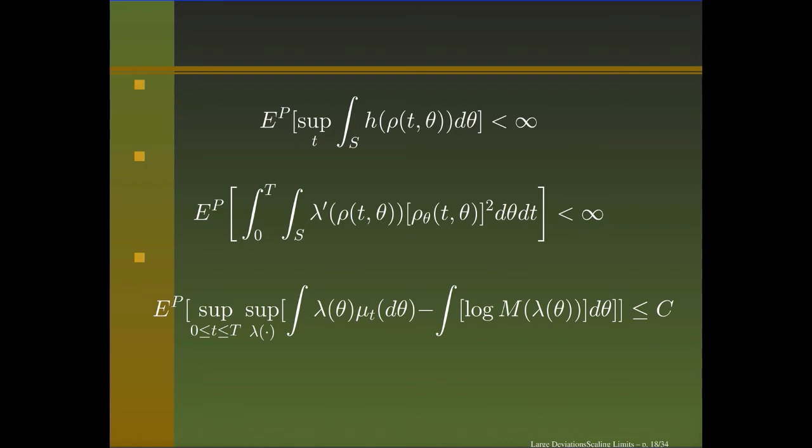The whole idea is when you use large deviations, proving the first one is basically proving this inequality, because the entropy is a convex function. You can dualize it and you just have a supremum over a bunch of things. So you want to show that the expected value of the supremum is bounded by C. It may be a lot easier to prove the supremum of the expectation is finite.